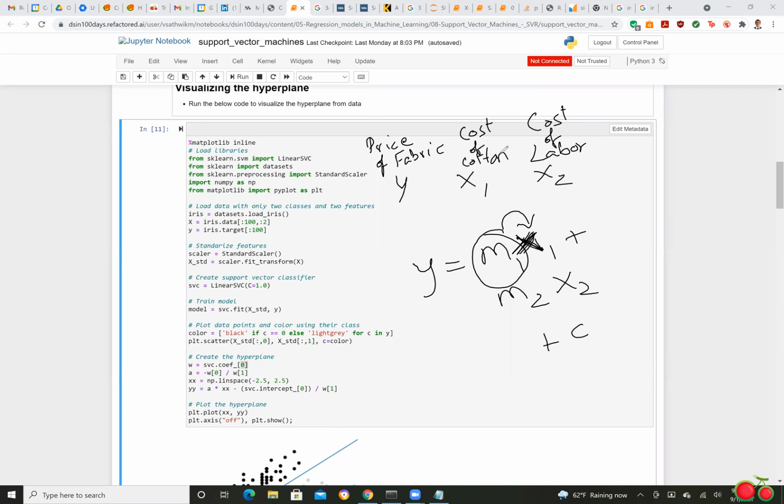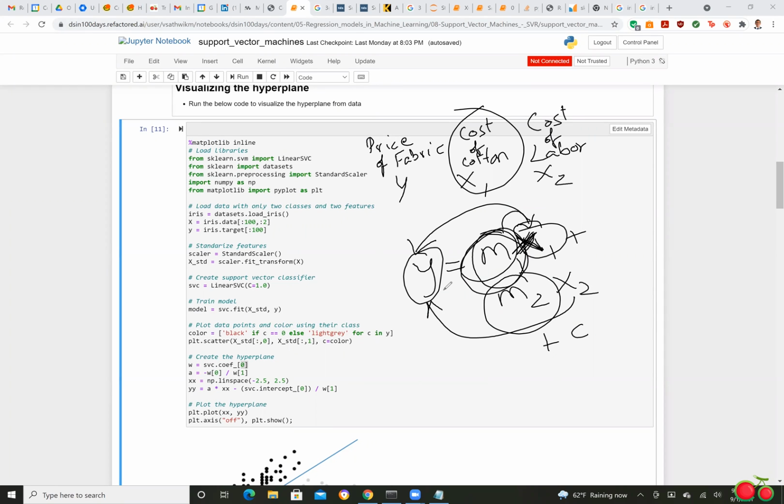So M1 tells me how much influence cost of cotton has on my price of fabric when I finally decide how much I have to sell my fabric for. How much of what I decide here depends on the cost of cotton is told by M1, the coefficient. M2 will tell me the influence of X2 on Y, which is the cost of labor.